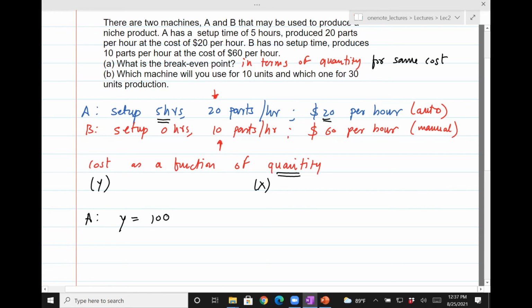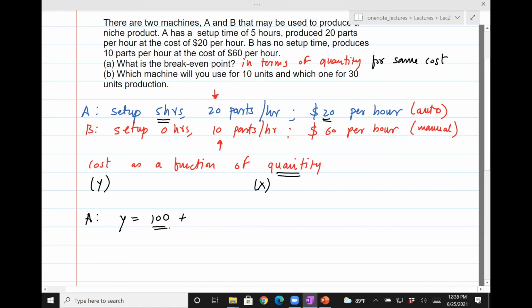So basically, if that machine was in commission and working, $100 worth of parts would have been produced if there was no cost for setting it up. Okay, so that is the time it takes for it to be up and running.